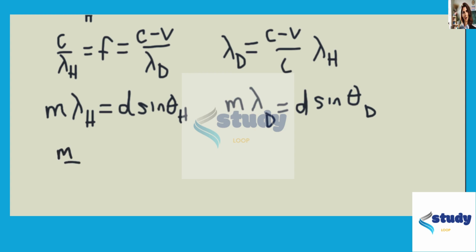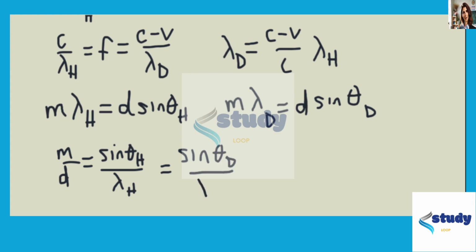So m over d would be the sine of theta h over lambda h, which is the same as the sine of theta d over lambda d.